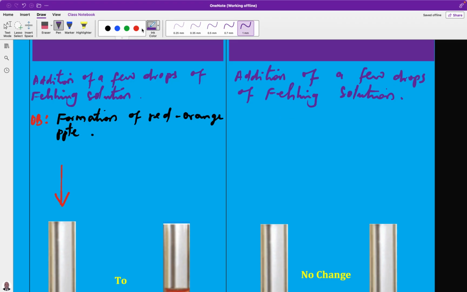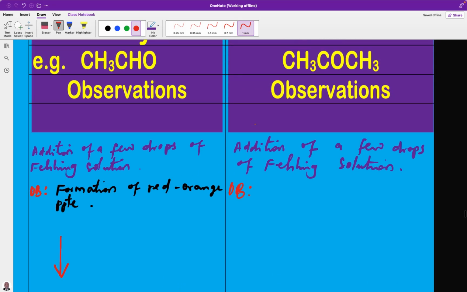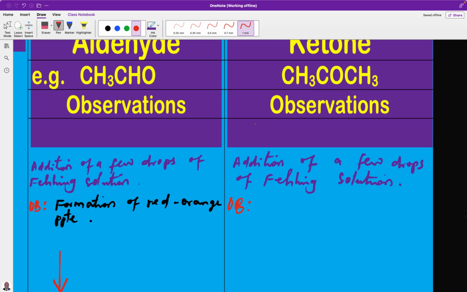Our observation: we add a few drops of Fehling solution into the test tube containing acetone.